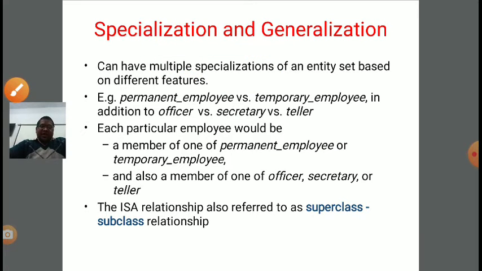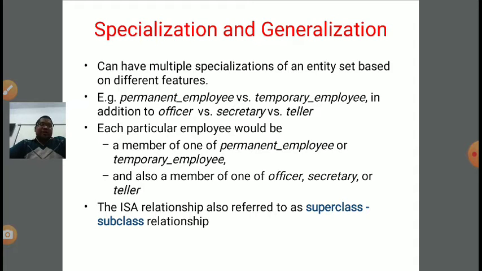Like permanent employee versus temporary employee, in addition to officer versus secretary versus teller. Permanent employee and temporary employee are the first specialization category, and the second category is that under employee we have officer, secretary and teller. So these two categories are based upon their features.